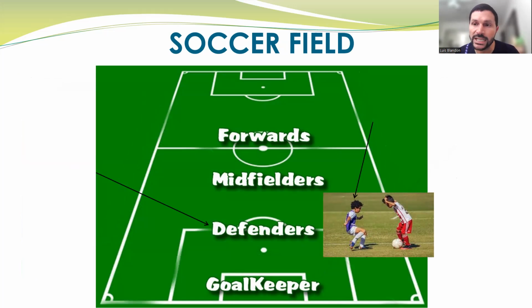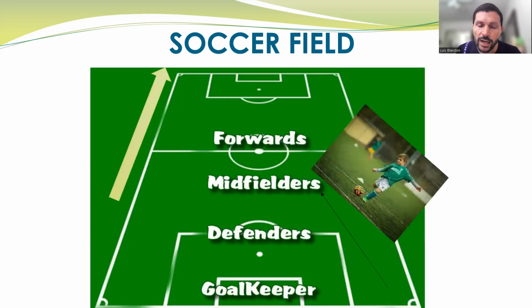Before the ball gets to the goalie, the defenders have to make an effort to stop the ball from going into the net and becoming a goal. Those players we call defenders. They're in front of the goalie, helping the goalie prevent the ball from going into the net.